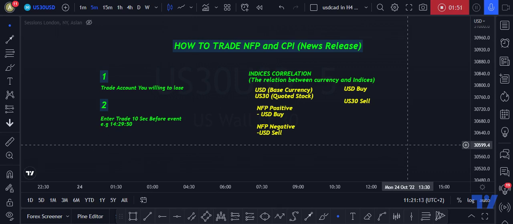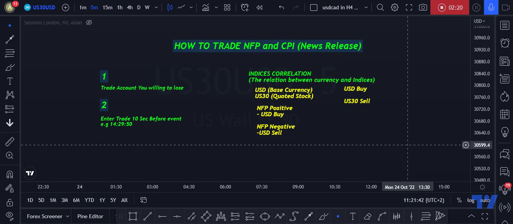As we all know, when the NFP or CPI event starts, it's going to affect the dollar currency. For example, USD, the United States dollar, is a base currency. On a positive NFP, USD is going to buy.